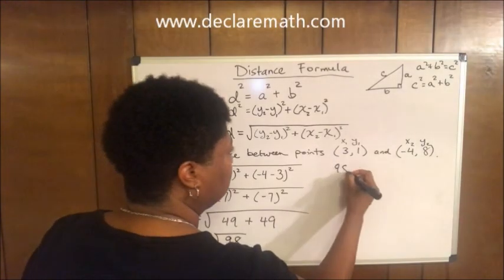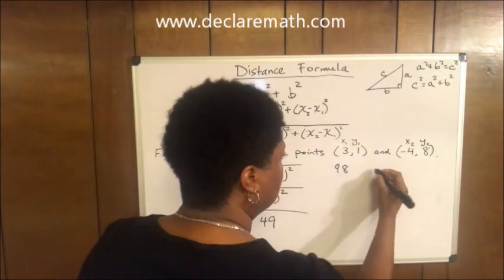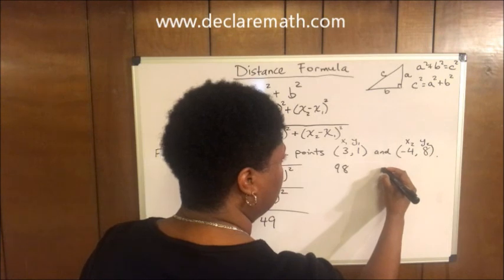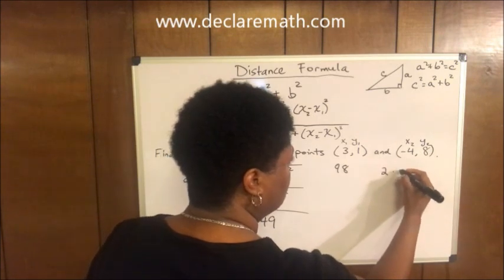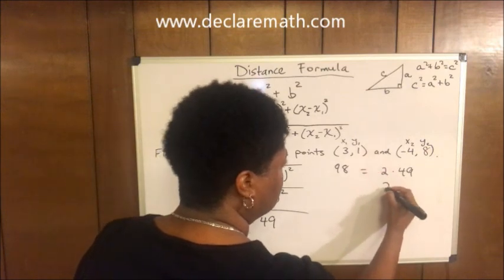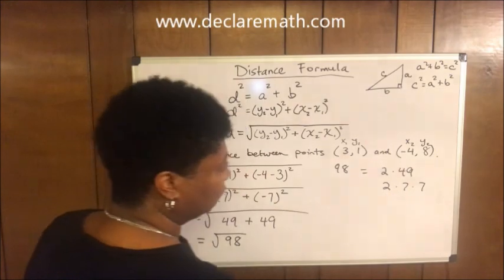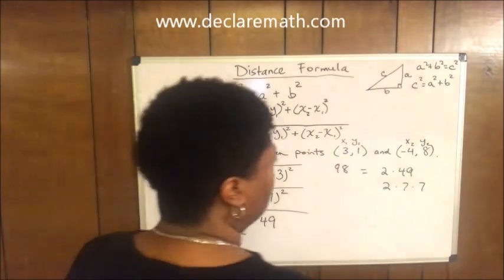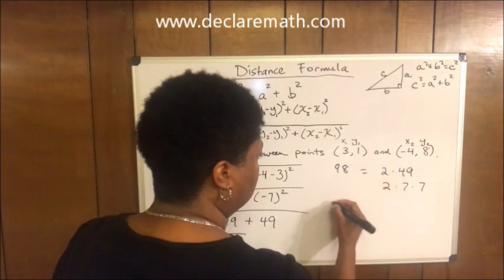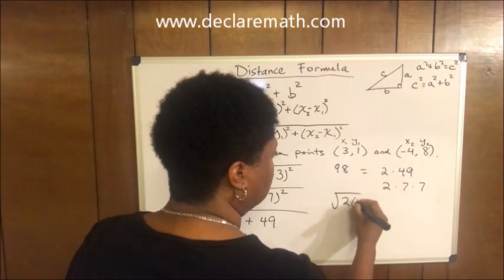Okay, if we factor 98, and we already saw where 49 times 2 gives us 98. Okay, so then you have 2 times 7 times 7. And so essentially what I should have done was I should have left it as 2 times 49.